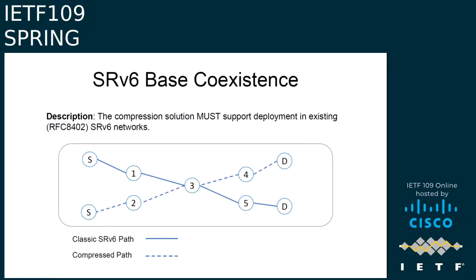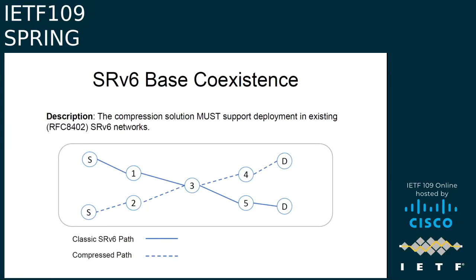The second point, on questions around association with SRv6: I just want to call out that when we look at what we are compressing, that SR information has been defined in the ask from the chairs, and the SR information we're compressing has been called out in one of the first slides as the SRv6 SID list.